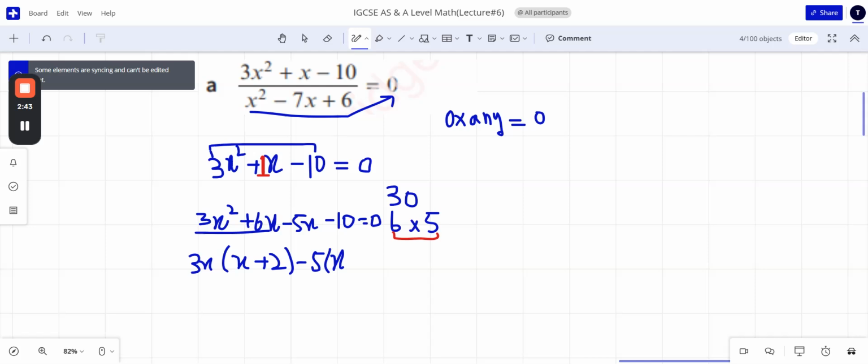So x plus 2. Whenever we take the negative sign common, the rest of all signs will change: negative will change into positive and positive into negative. Again we will take the common. Now here x plus 2 is common and 3x minus 5 is left, which is equal to 0.